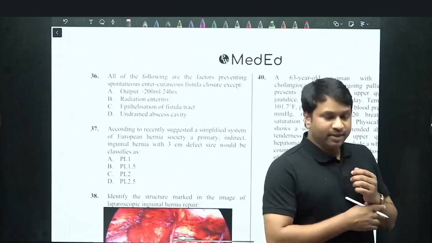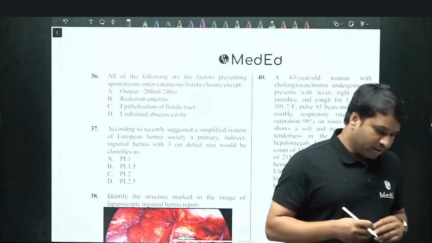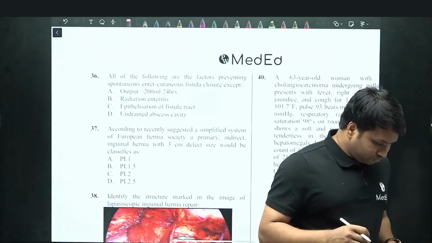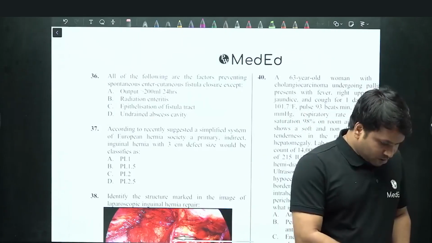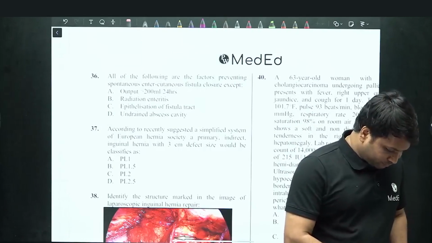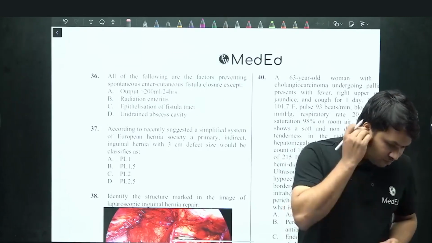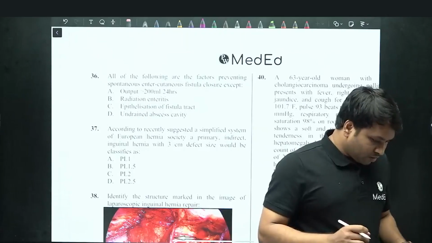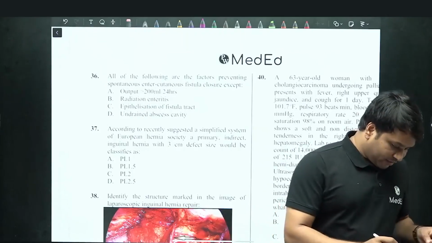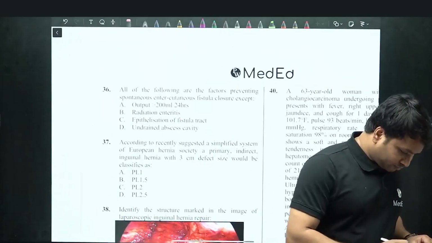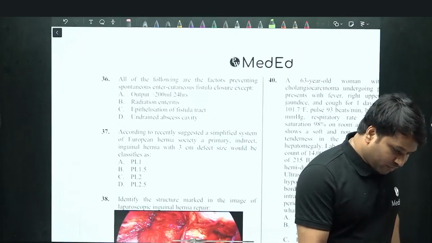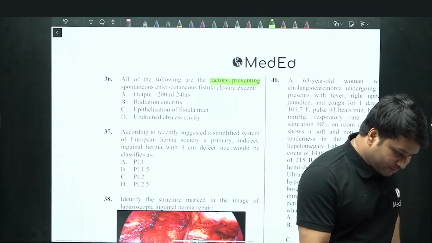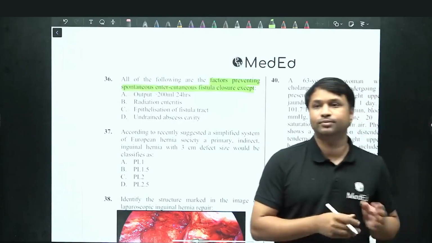Now question number 36, again a very important component. So far any doubts, any questions, quick feedback? So let's look at the next question. All of the following are factors preventing spontaneous enterocutaneous fistula closure except, right?